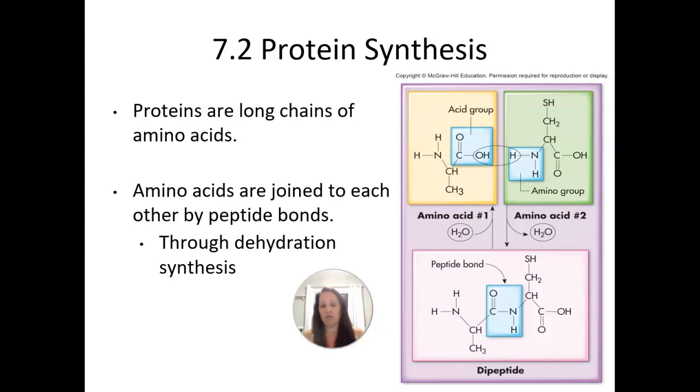And when you get more than 2, we're going to start to build a larger molecule, which we will call a polypeptide. Okay? Again, the process by which dipeptides and polypeptides are formed is called dehydration synthesis. Water is removed and a bond is formed. Okay? So that's how amino acids are put together to form a protein.